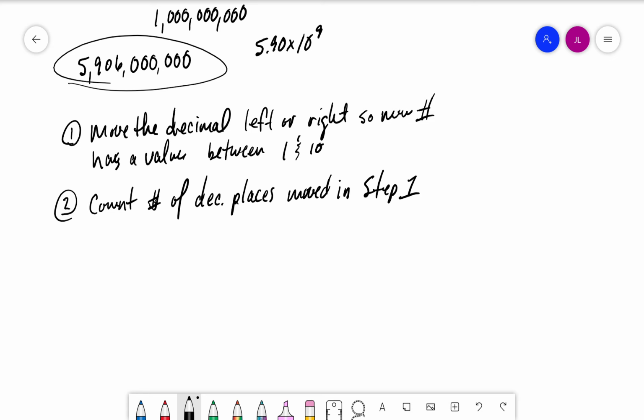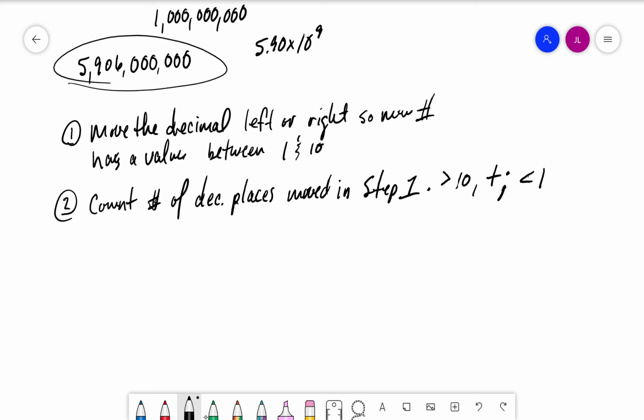If the original number is greater than 10, the exponent is positive.